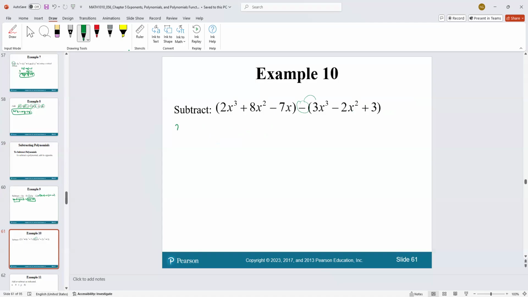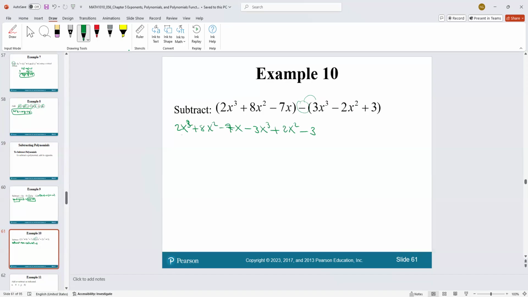For the first one, no negative in front of the parentheses, so nothing changes. For the second, we end up with 3x cubed, positive 2x squared, negative 3. 2x cubed plus 8x squared minus 7x minus 3x cubed plus 2x squared minus 3.